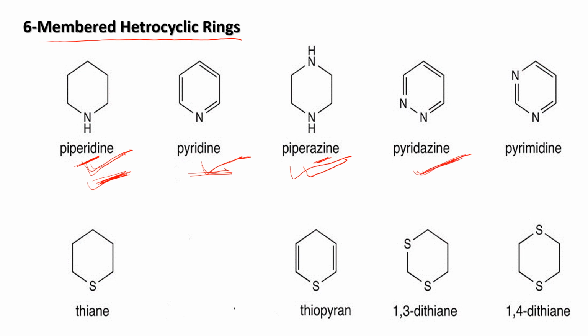Pyrimidine: in the 5-membered ring we write imidazole, like that this is the 6-membered ring. This is pyrimidine, with nitrogens at the 1 and 3 positions. Okay, thiane. This is thiane. Then dithiane.